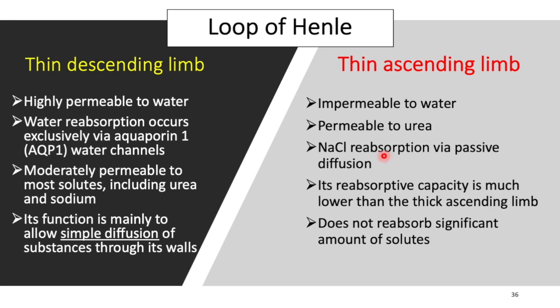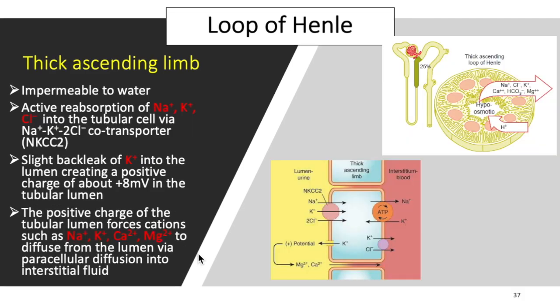Similar to the thin descending limb, the thin ascending limb does not have transporters, so it does not reabsorb significant amount of solutes. Its reabsorptive capacity is much lower than the thick ascending limb. Similar to the thin ascending limb, the thick ascending limb is also impermeable to water.